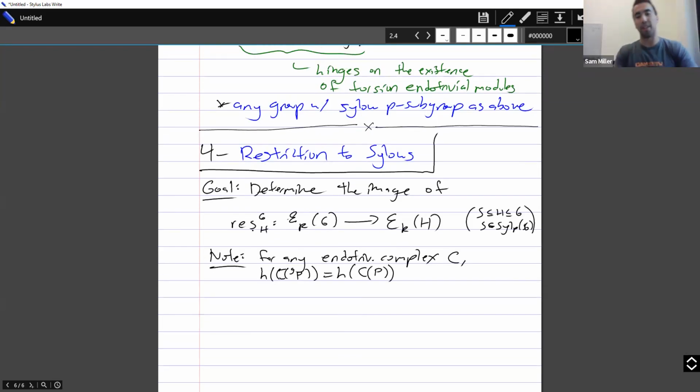And so therefore, this tells us something about the elements of the image. So for any C in the image of restriction, the same holds.